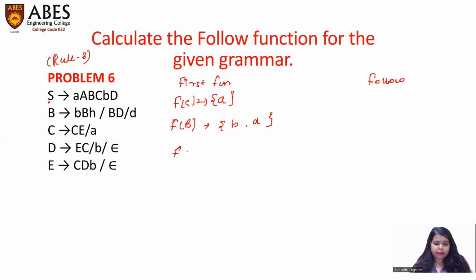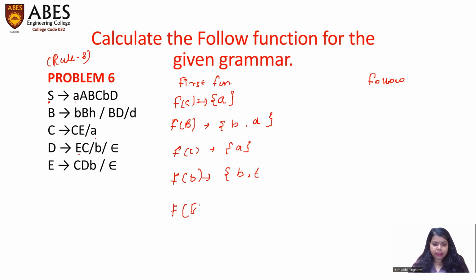Now first of C will contain A. Now first of D. First of D contains what? Either B or epsilon or first of E. First of E we have not yet calculated. So let's calculate first.